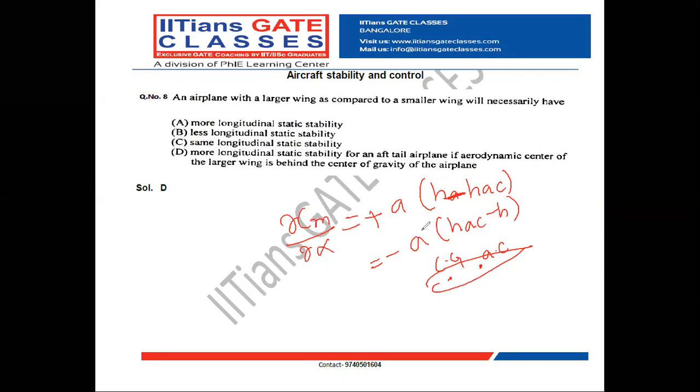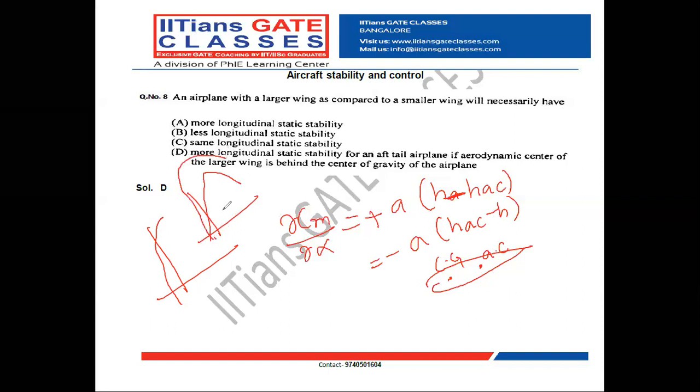And one more condition is the lift curve slope. What happens to the lift curve slope when you are using a larger wing? Larger wing means it has an increased span, which means increased aspect ratio. Whenever you increase the aspect ratio, the lift curve slope increases.